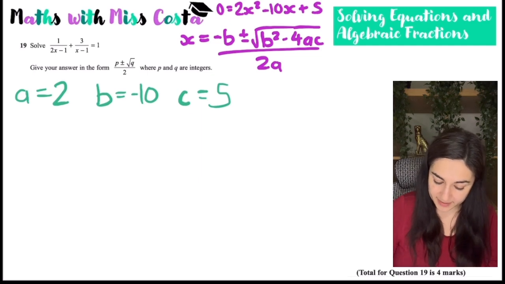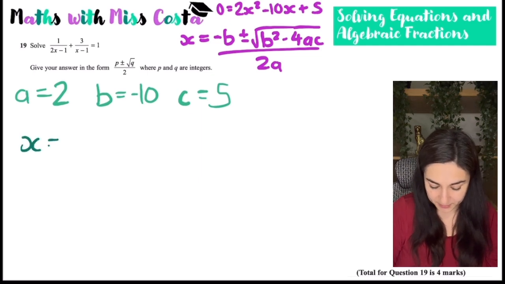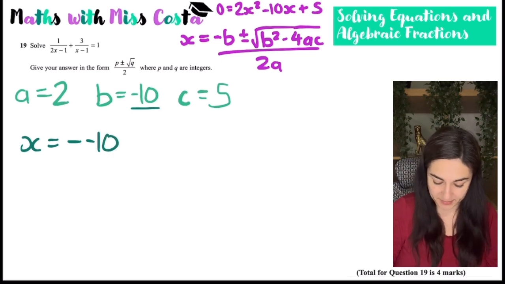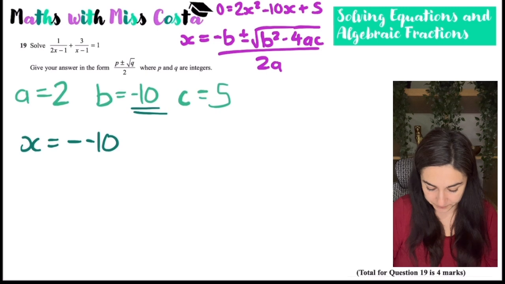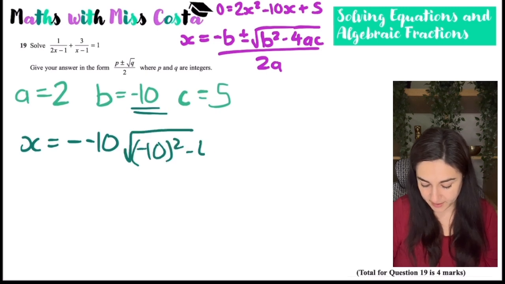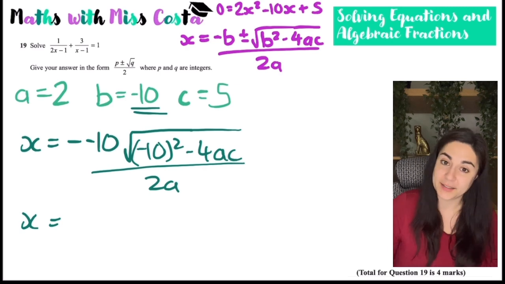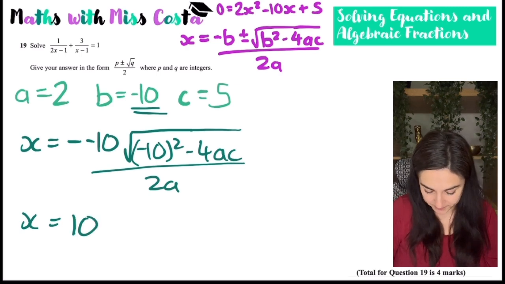So let's plug that into the formula. So x must equal minus 10, because b is minus 10, square root of minus 10 squared minus 4ac over 2a. So let's simplify that. Minus 10 is just going to be positive 10.